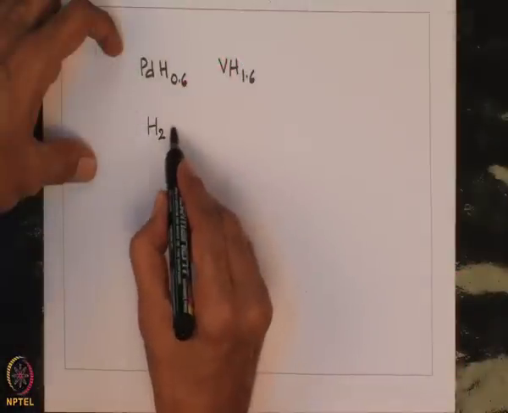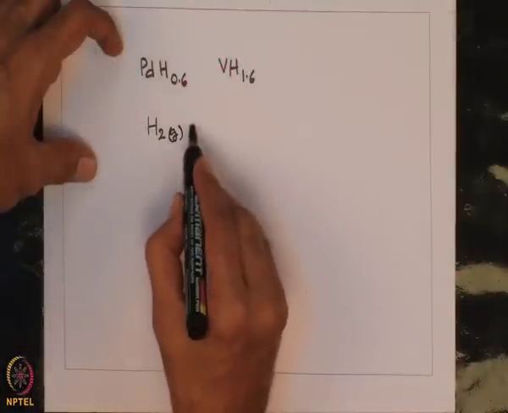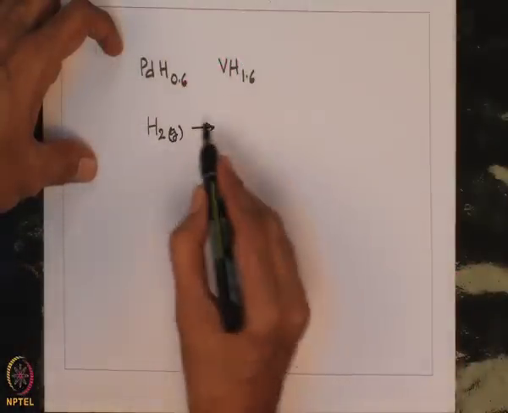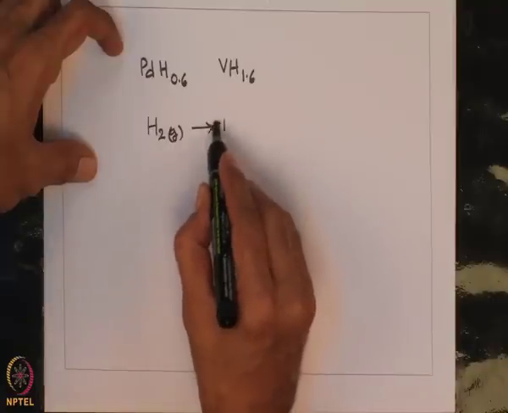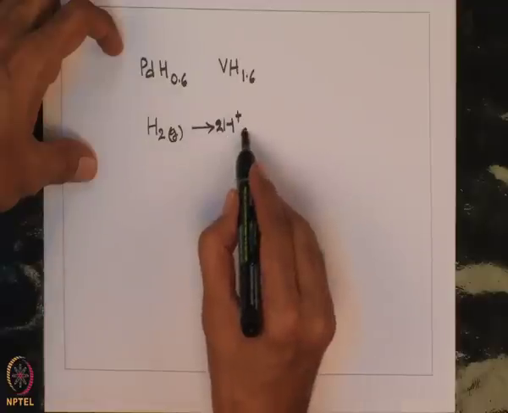Okay. Compounds containing H plus are essentially obtained when we remove the electron from the hydrogen atom. Conversion of H2 into gas phase H plus requires a large amount of energy. It is not easy to convert that. For example, H2 is a gaseous element, and we have to take out 2 electrons to form 2 H plus ions.